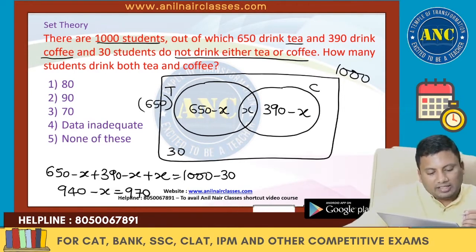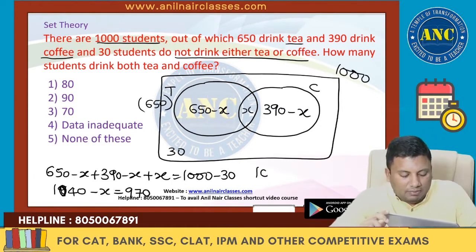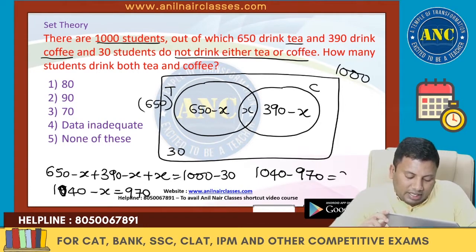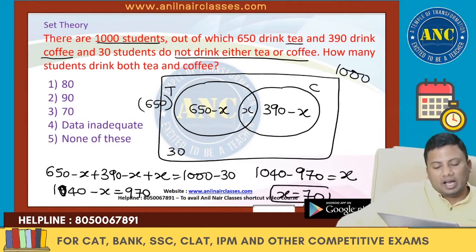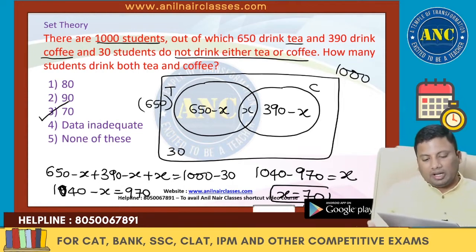I hope it is not 940, it is 1040. So the answer is 1040 minus 970, which is X. X is nothing but 70. I hope the idea is clear. How many drink both tea and coffee? The answer is 70.